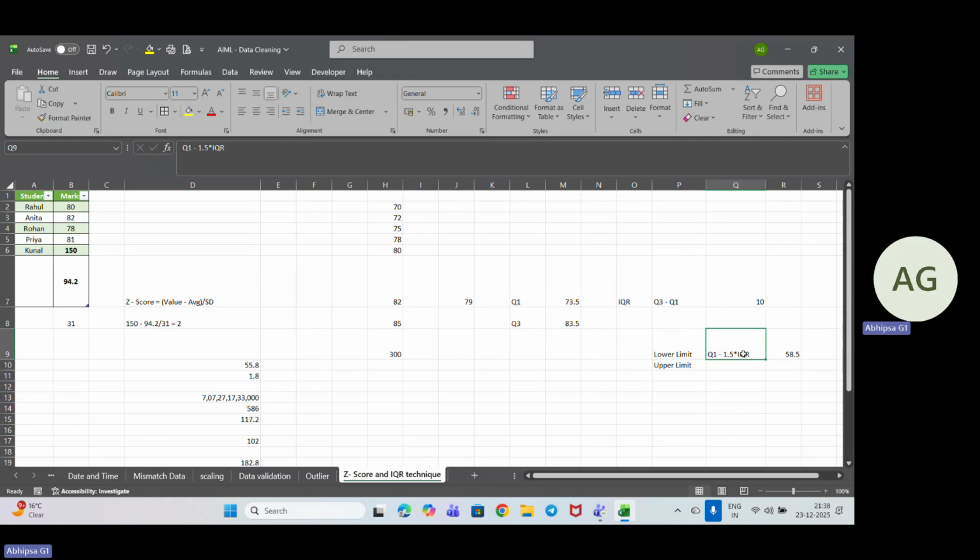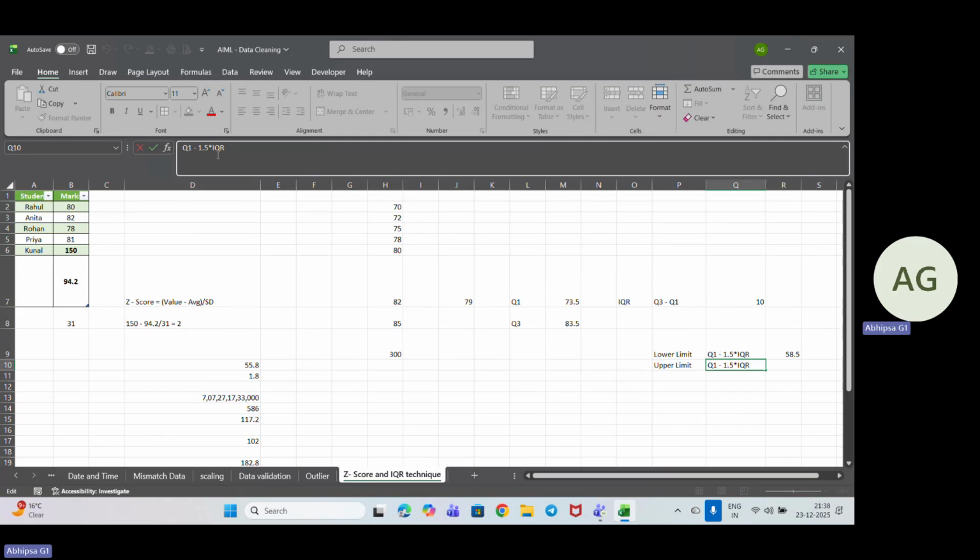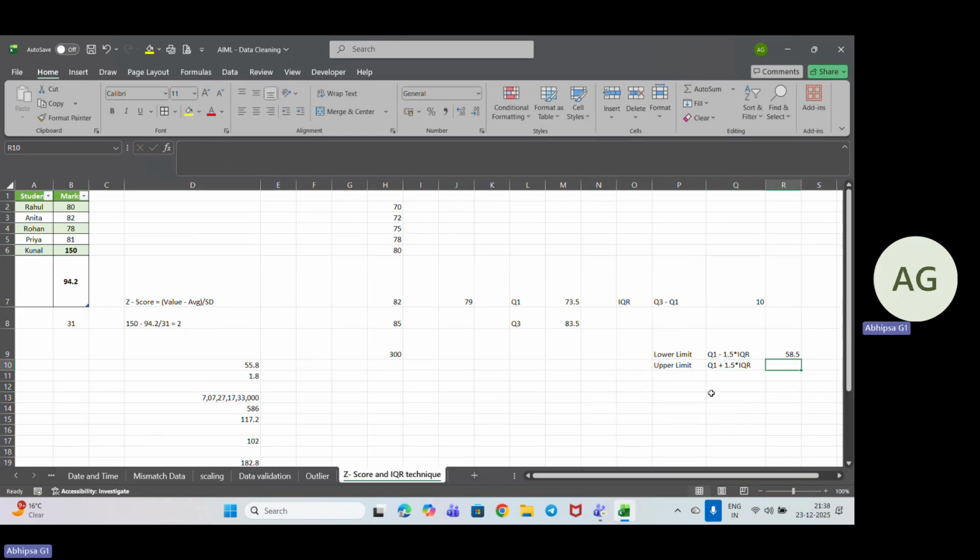The same thing, but here we will be using plus instead of minus. So we get 83.5 plus 1.5 into 10, that is 89.5. Right? So this is my upper limit and this is my lower limit.